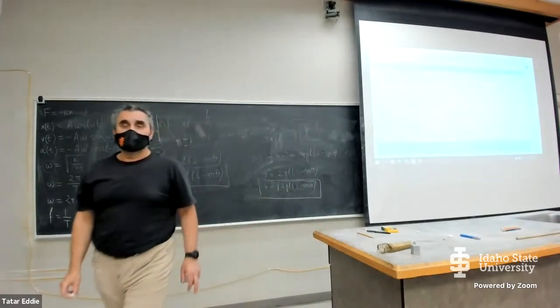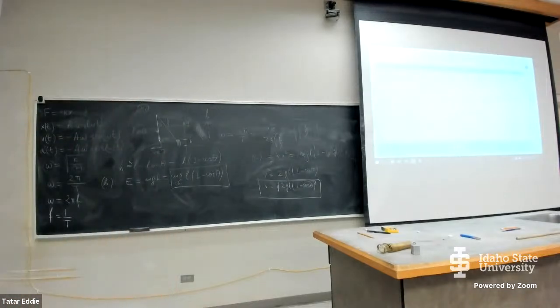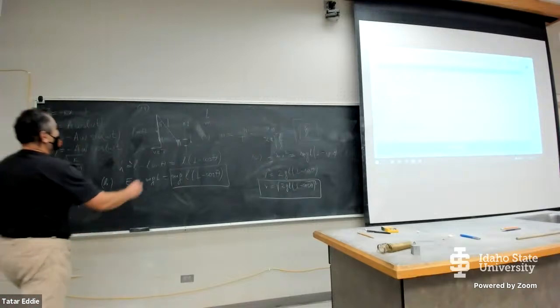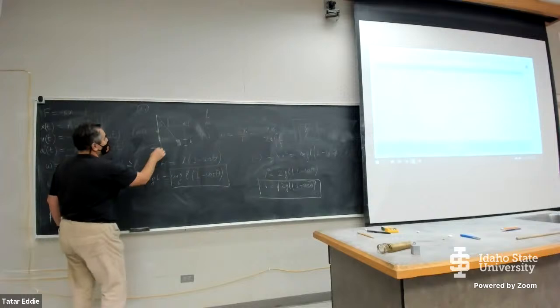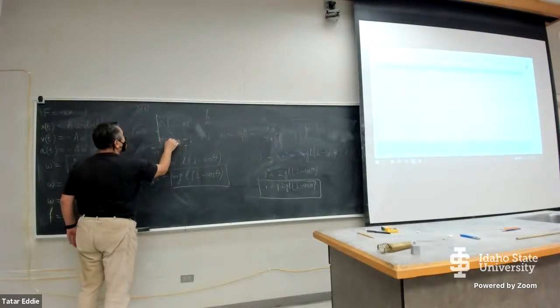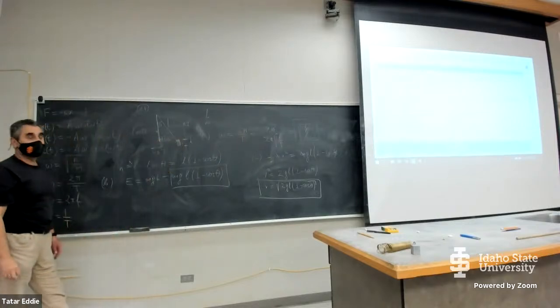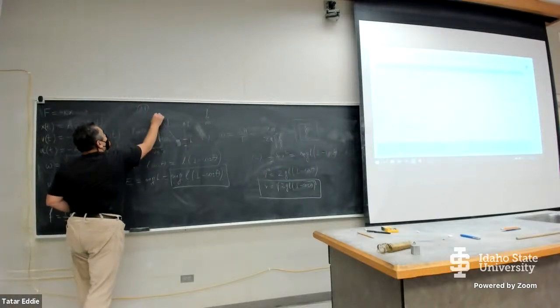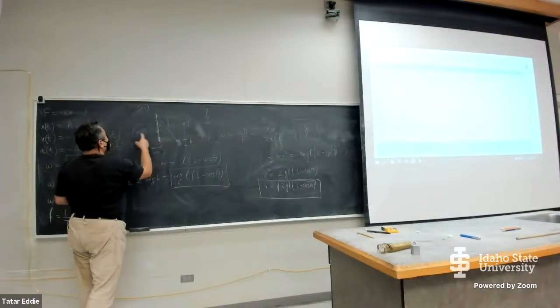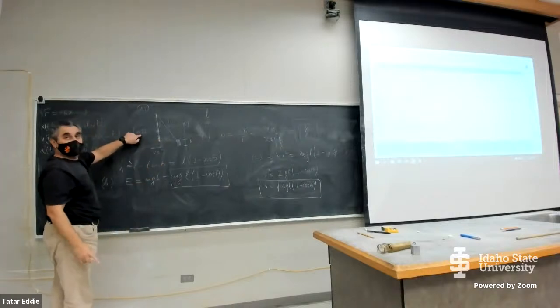Can you explain again how, for the height, you got L minus L cosine theta? This is the height, right? But the same height is right here if I redraw this triangle. This side of the triangle is L times cosine.